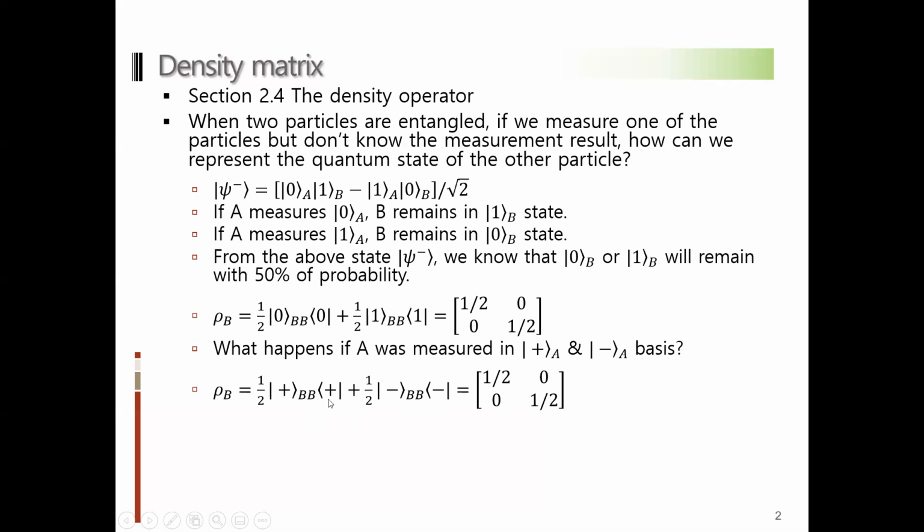However, even if you just assume that Alice measures her qubit in the plus and minus basis, then Bob has the plus state with 50% chance and the minus state with 50% chance. If you just expand the entire expression, as I showed you, you will eventually end up with this kind of expression, which is exactly the same as this one.